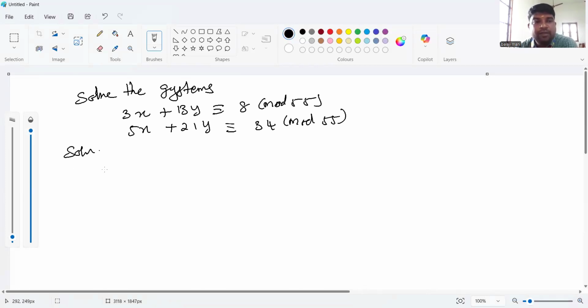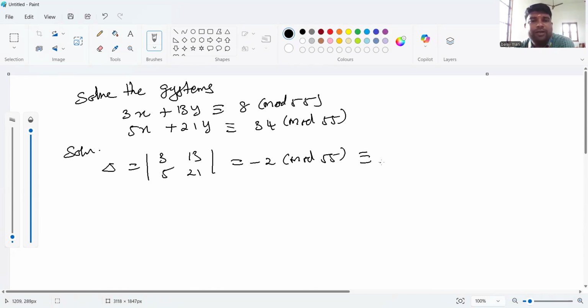The solution is, first find the del value. The determinant of 3, 5, 13, 21 is 3 into 21 minus 5 into 13, which is minus 2, modulo 55. Minus 2 is a negative remainder, so it will be converted into a positive remainder by adding modulus 55, and we get the positive remainder 53.